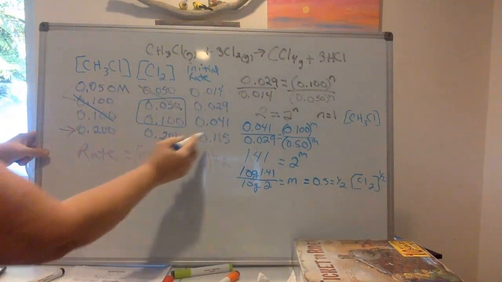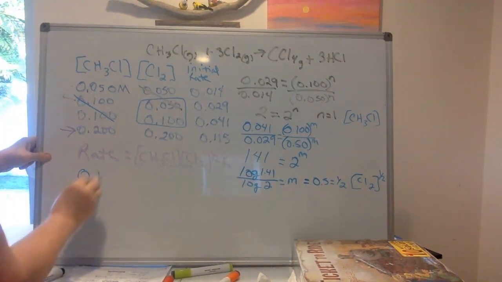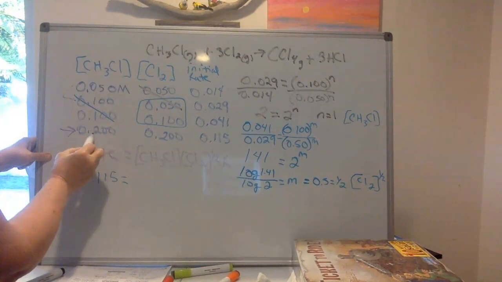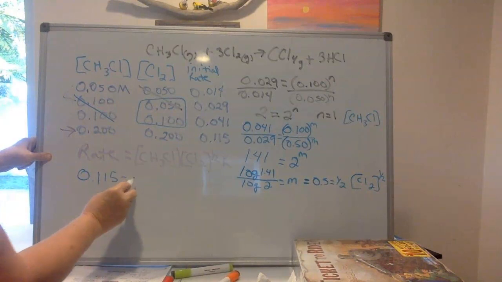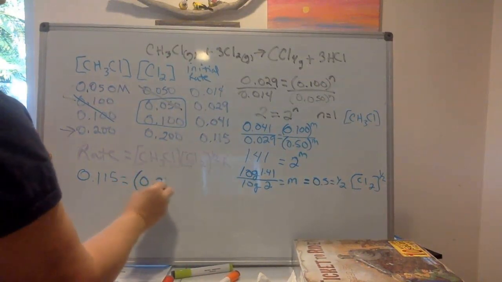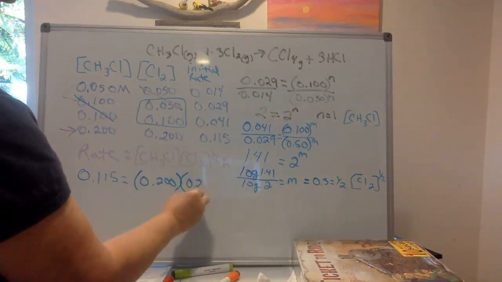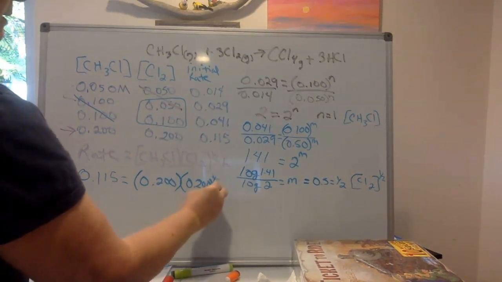So the rate is 0.115, the concentration of CHCl3 for the fourth trial is 0.2, times 0.2 to the 1/2.